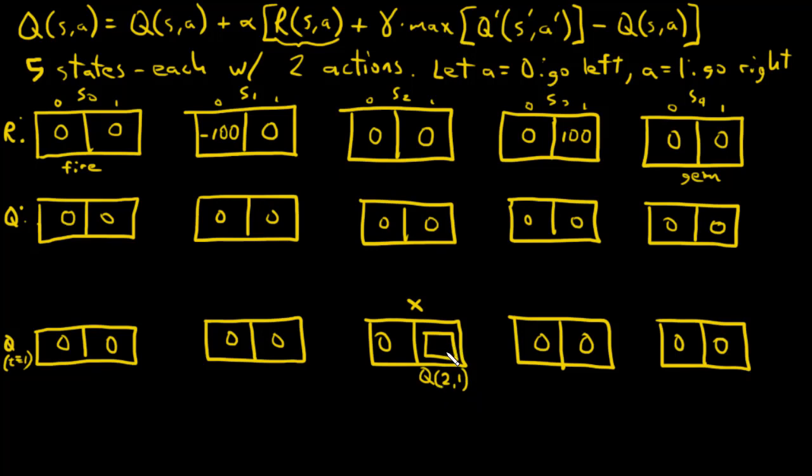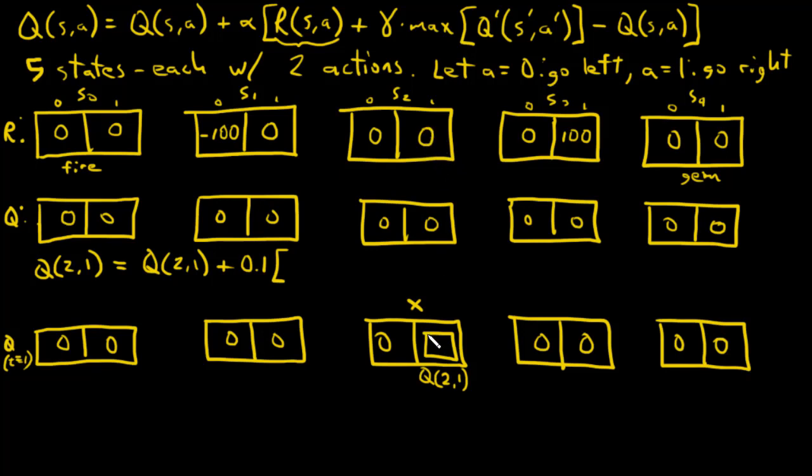Okay? So let's use the Bellman equation to figure out what value gets put here. Q of 2, 1 gets Q of 2, 1 plus, we're going to do our alpha, which is 0.1, times, if I look at what reward I get by moving right from state 2, I look up here, I see I get a reward of 0.